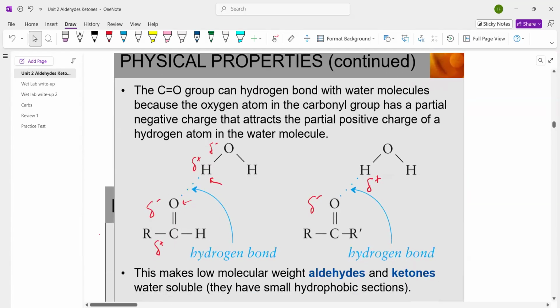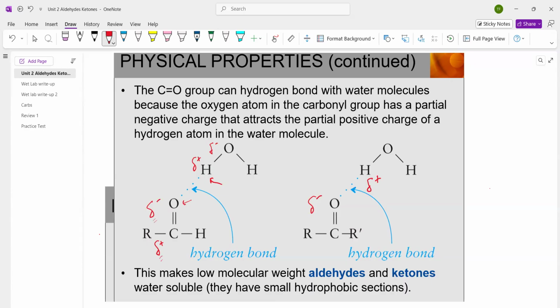Now, because the electronegativity of the oxygen is pretty high, it still has a dipole moment to it. So this is going to be partially negative, the oxygen, making the carbon partially positive.